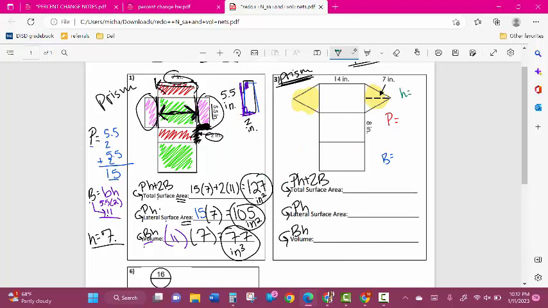I usually like looking at h first, because when the figure is folded up, it's a little easier to see how you're going from one base to the other base. We can still do that here. So from one triangle traveling to the other triangle, you'd have to travel 14 inches. So the height is 14 inches.